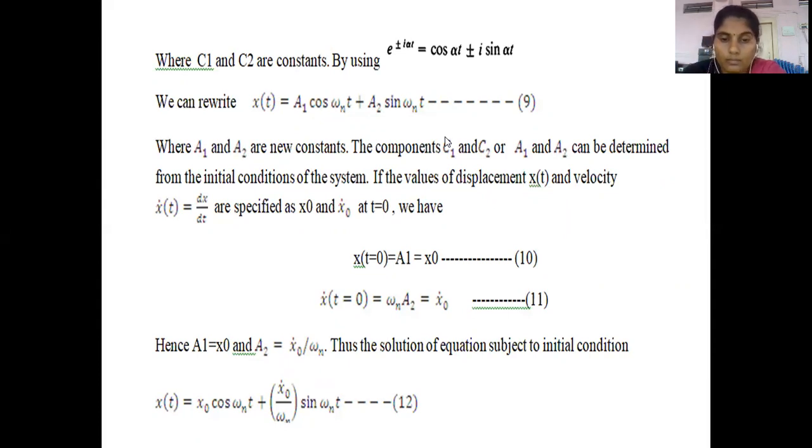we have a1 is equal to x naught, and a2 is equal to x dot naught by omega n.